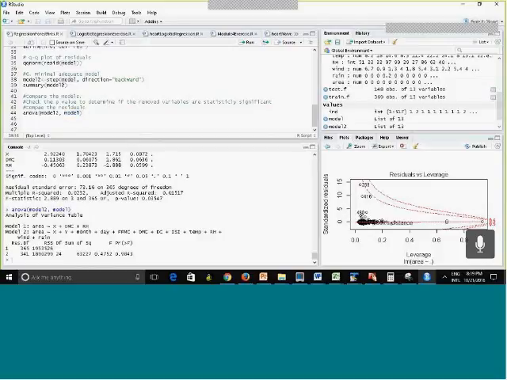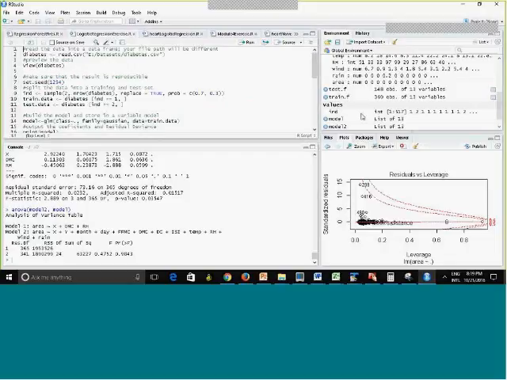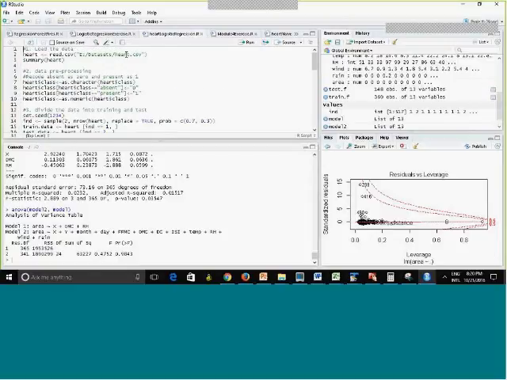Now, we're going to switch gears here. Our dependent variable is not going to be numeric anymore. Well, it's not going to be a continuous number anymore, right? Our dependent variable is going to be categorical. To do that, I'm going to look at a different data set, the heart data set, right?